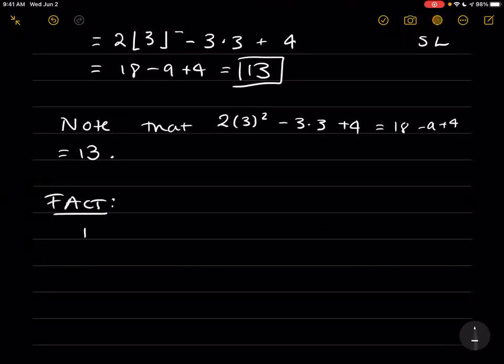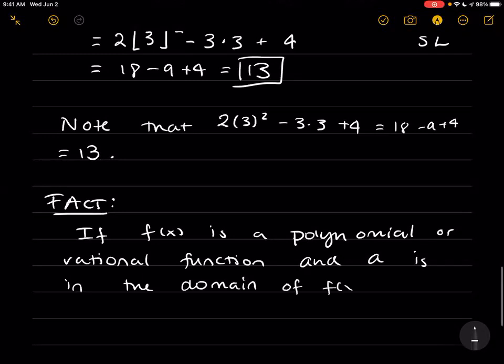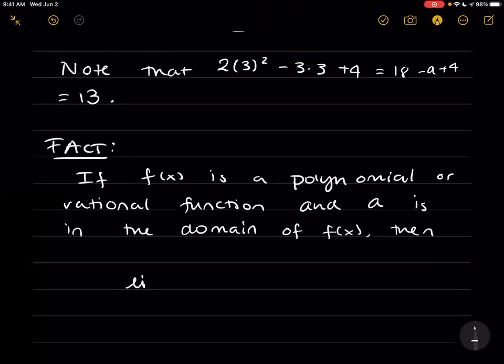So in fact, if f of x is a polynomial or rational function, and some number a is in the domain of f of x, then the limit as x approaches that number a of f of x is going to be equal to f of a.